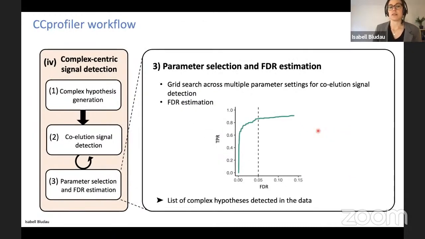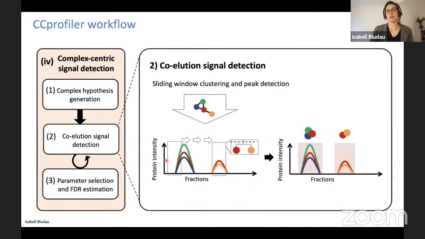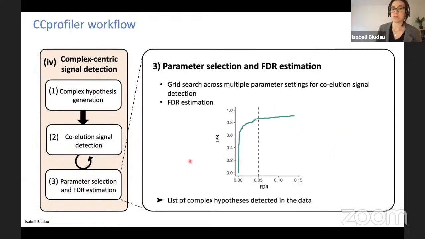Finally, we can do a grid search across a set of parameters, meaning, for example, the width of the sliding window that is used, or the minimum correlation that our proteins need to have in order to call something a peak group. And then we can perform an FDR estimation based on our targets and decoys in the database. And with this, we then get a list of complexes detected in our data.